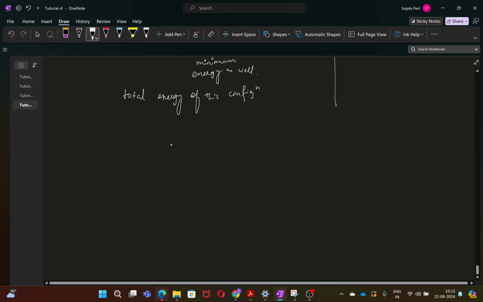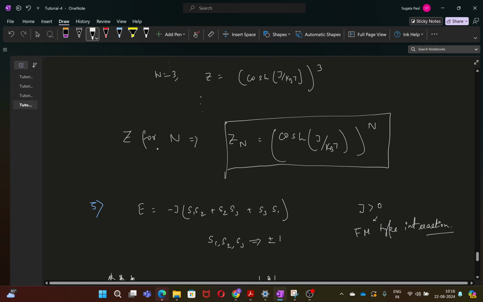So the answer is that the energy value is minus 3J, and the number of configurations possible for these given conditions is 2 possible spin configurations, and the total energy is minus 3J.